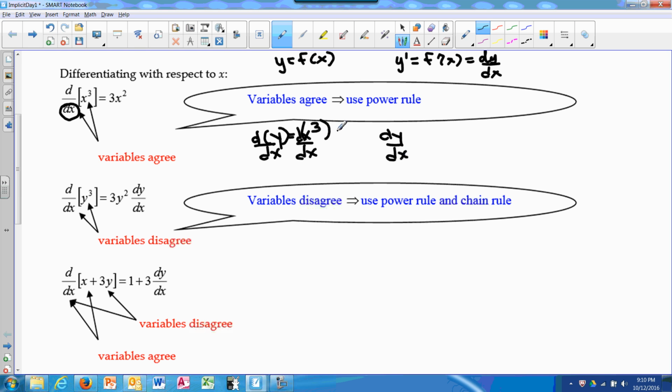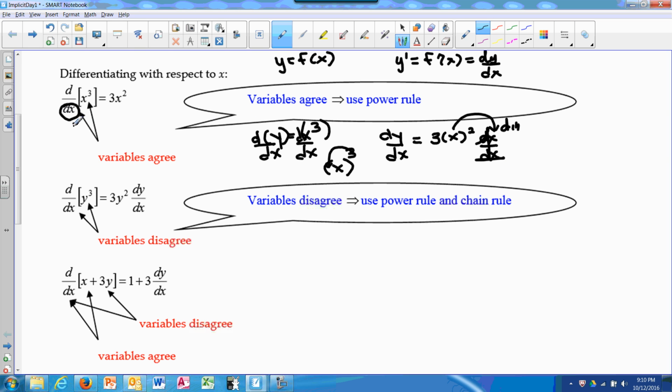Now it just so happens that really this is a function, x, that's being cubed. We could think of that as the chain rule and bring the 3 down. The x would now be to the second power. And then the derivative of the inside is the derivative of x with respect to x. That's really why this becomes a giant 1 and we don't have to write it down.